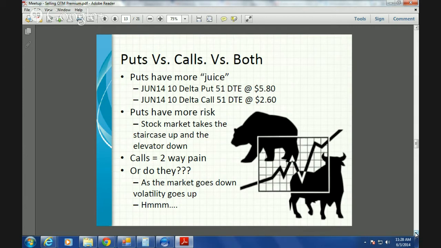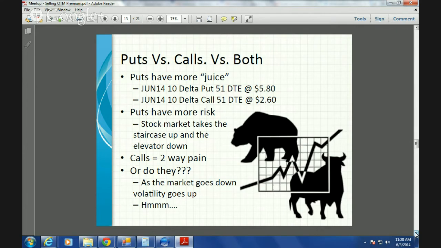Calls can be traded, but with the trend, the way the market's been, it's been kind of a bad bet to trade calls. Calls have been really a bad thing to trade over the last year and a half, because the market's just been trending up so heavily.